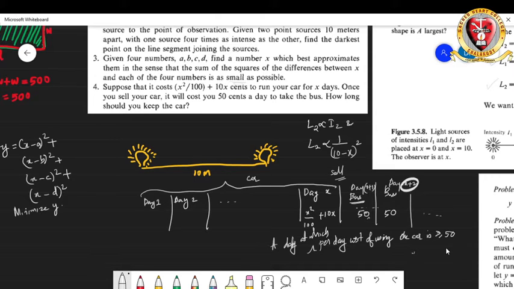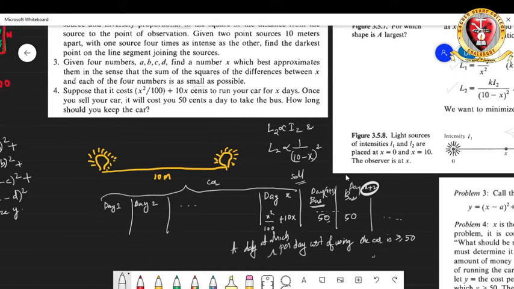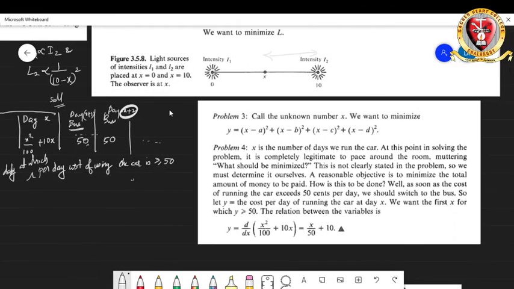So from then on you will start using the bus and you will sell the car. So you have to find that x, the day x at which the per day cost of using the car becomes greater than or equal to 50. That is the idea. Okay, let's see how the problem is stated.